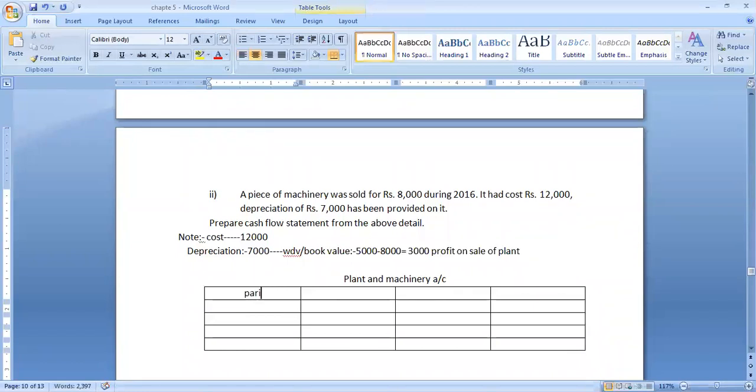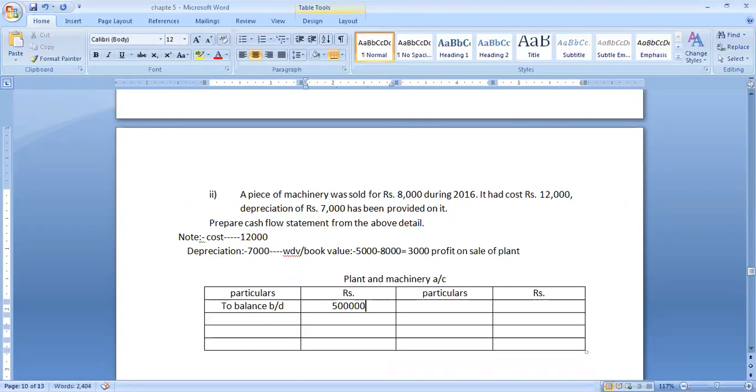Okay. So now prepare the separate plant and machinery account. So particulars, rupees. Okay. So what is the opening value? To balance brought down. So what is the value of brought down? It is 5 lakhs.